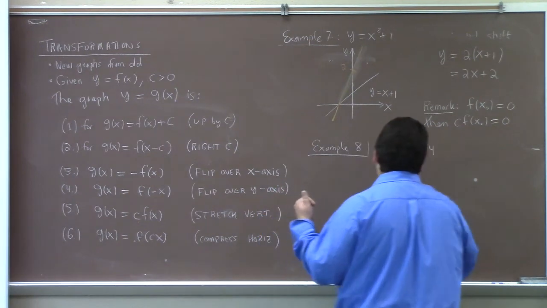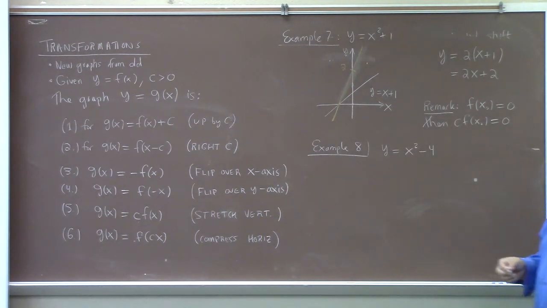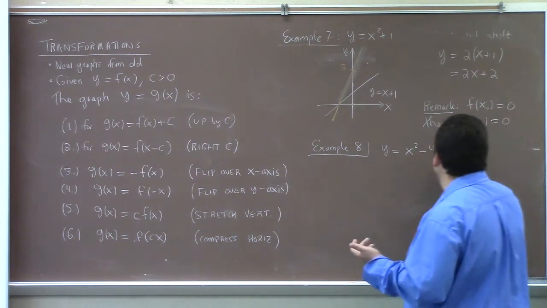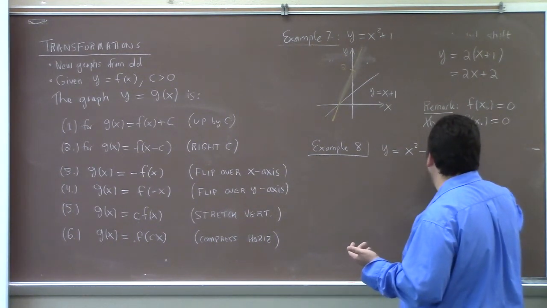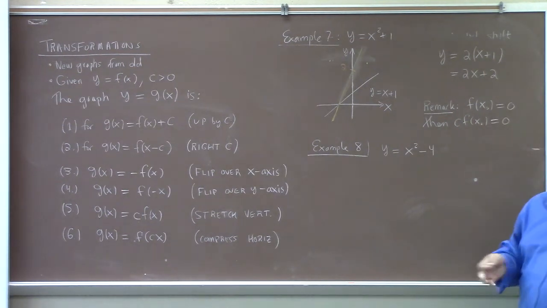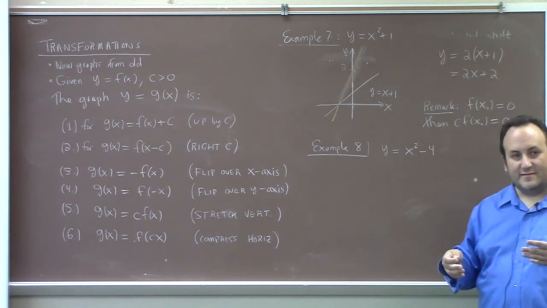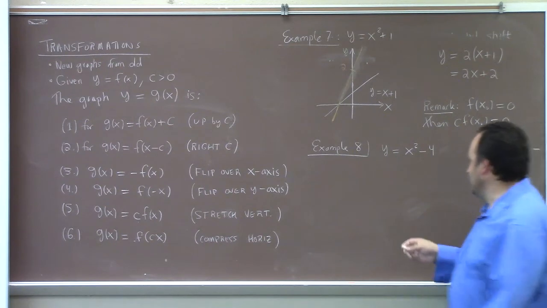How do we graph something like that? If you follow the instructions from today, you take the y equals x squared graph and you shift down by 4.